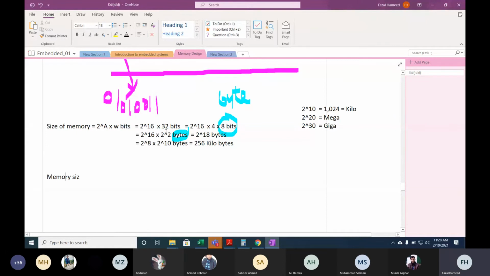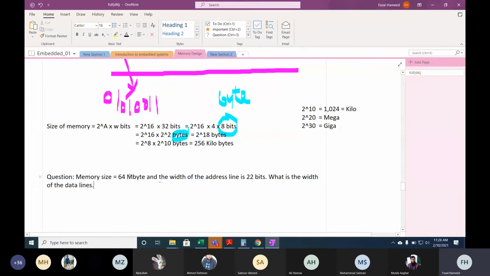Let's assume that the memory size is equal to 64 megabytes, and the width of the address line is 22 bits. So what is the width of the data?